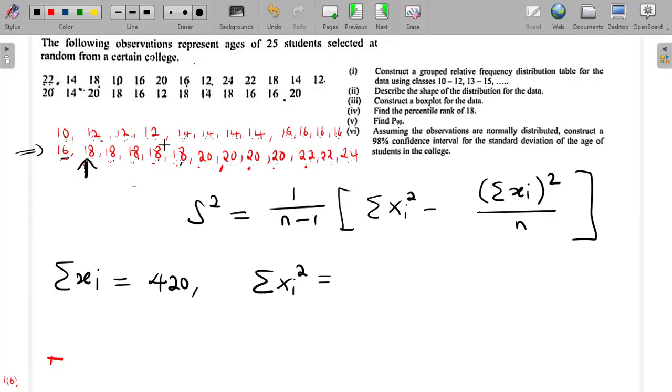Plus 18s, how many 18s are there? 5 as well, so 5 times 18 squared, plus 20, there are 4, so 4 times 20 squared, plus 22 squared, plus 24 squared. I hope my calculator gives me an accurate answer. Please counter check.